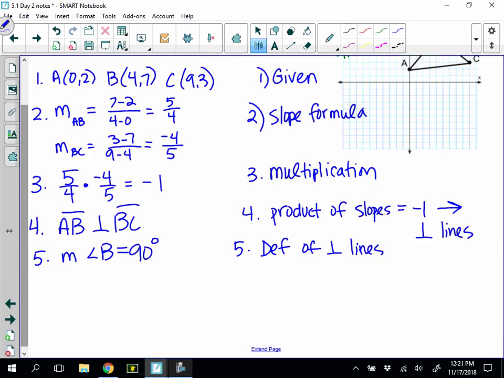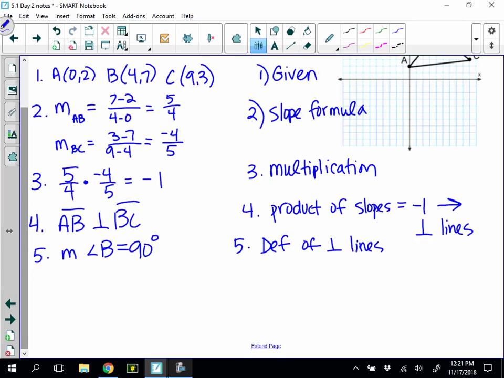And then now I'm ready to finish with my prove line, which is ABC is a right triangle. So triangle ABC is a right triangle. And so number 6, if I have a right angle, by definition, it's a right triangle. So definition of right triangles.